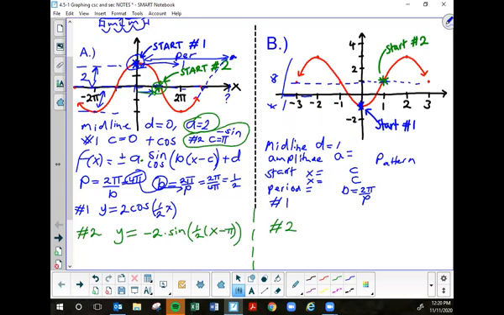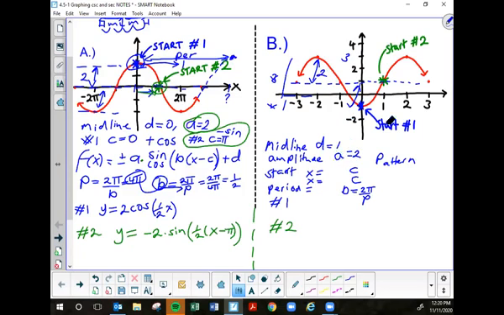Your amplitude should be the same when you measure it going up and when you're measuring it down, from the midline down to a low point. Don't just read this number off there. That's not your amplitude. Your amplitude is the difference between the highest point and the midline. What's the difference between 3 and 1? It's 2. You're going up 2 and you're going down 2. So our amplitude is going to be 2.